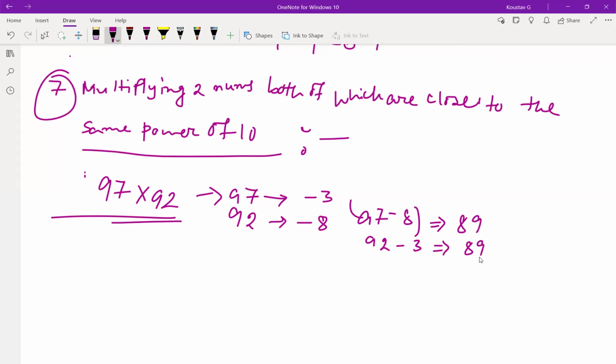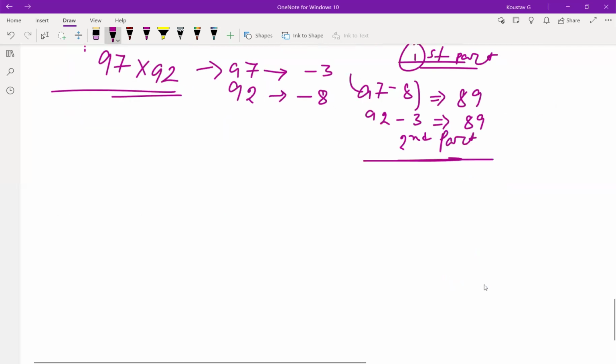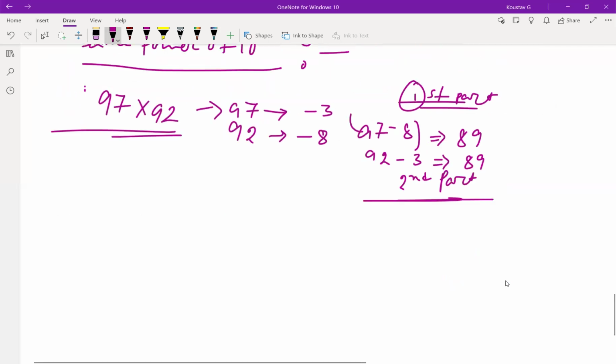So this is the multiplication of minus 3 and minus 8, which is nothing but 24, right?